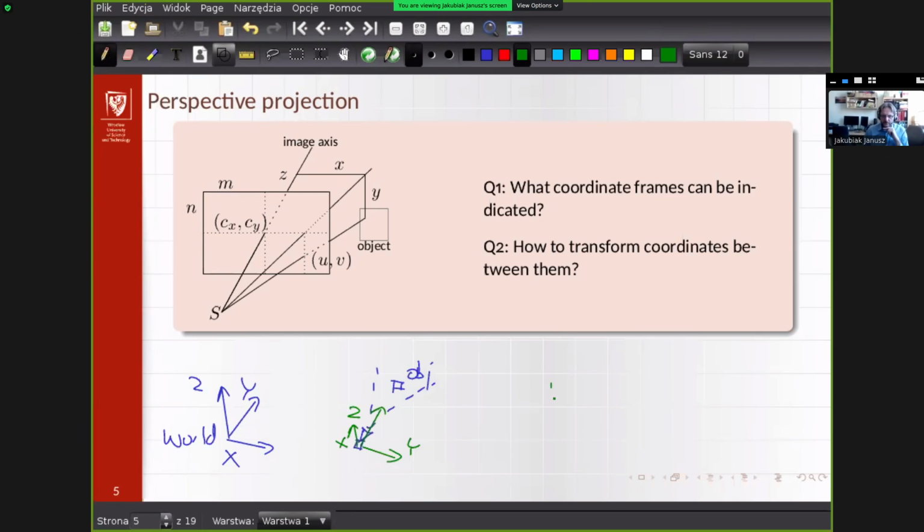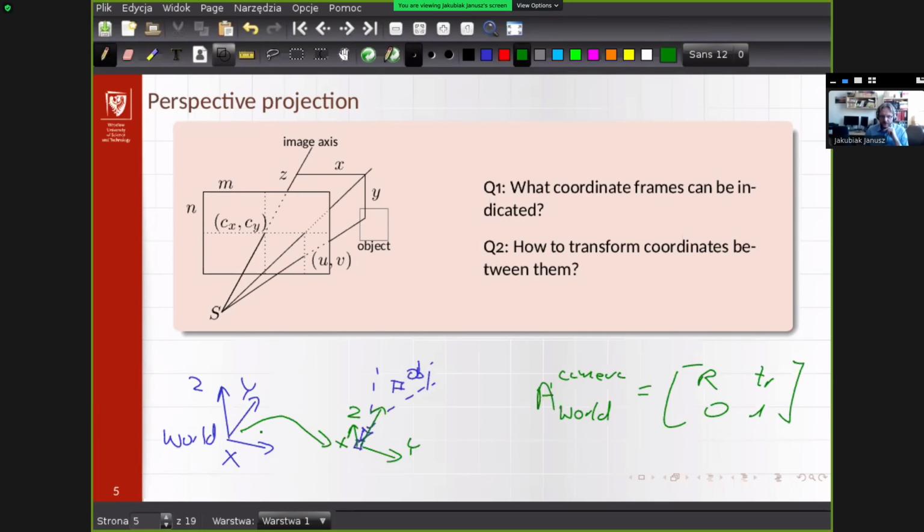Just to recall, no sound, no answer. Last semesters we were talking about transformations. We can have here the world, here the camera, and we can define these transformations in a standard way: there is some rotation and translation, and it is simply a transformation between two different coordinate systems. That's exactly what we are doing when calculating the kinematics of robots.